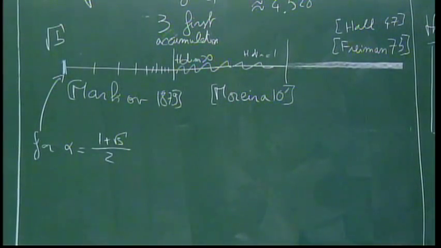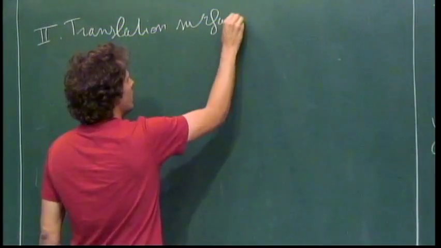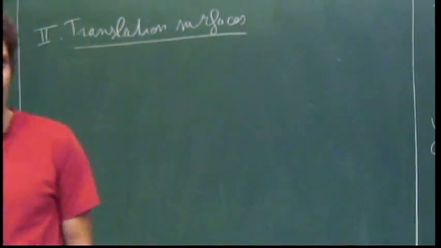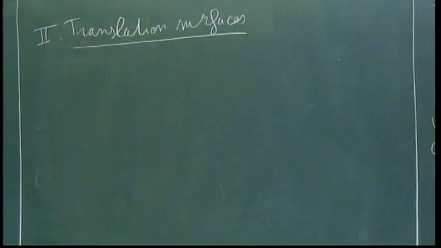But first, to go to this more geometrical picture, I will need to reformulate the theorem in terms of translation surfaces. So my map was one-dimensional. I will make it a flow on a surface, which is two-dimensional, and triangles come from these surfaces.